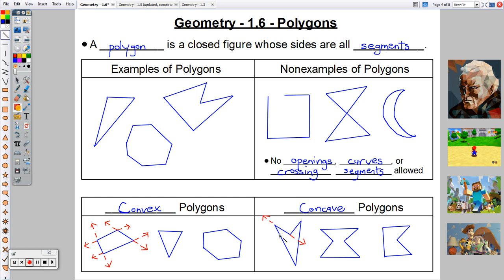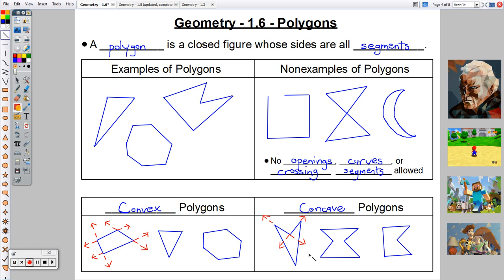So what makes these concave, other than the fact that, yeah, they cave in, but being a little more technical, a little more precise with our language, the way we're describing these things. Notice how these lines, if we extend these segments through all the way this way and this way, make lines out of those. This one, you have lines that actually cut through the polygon.